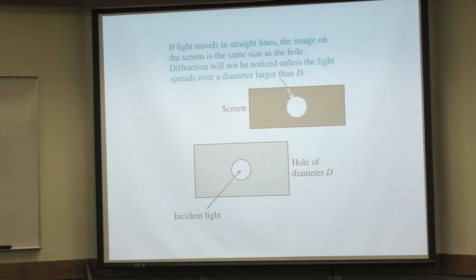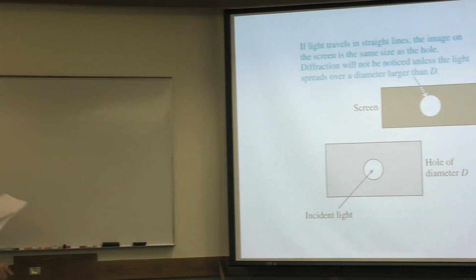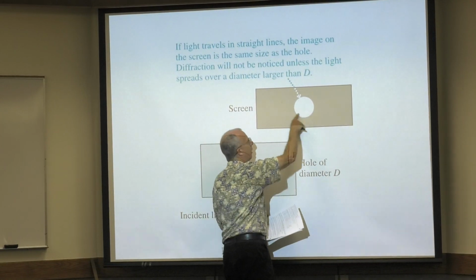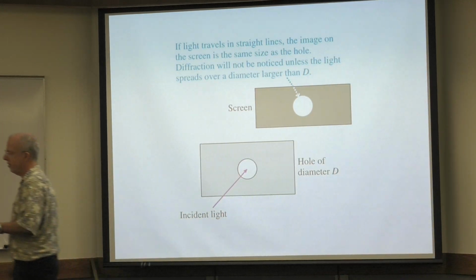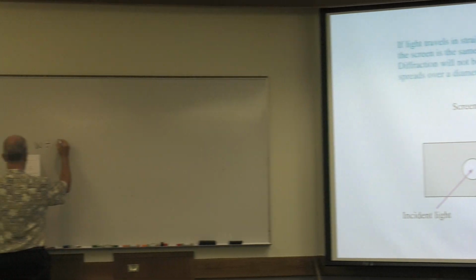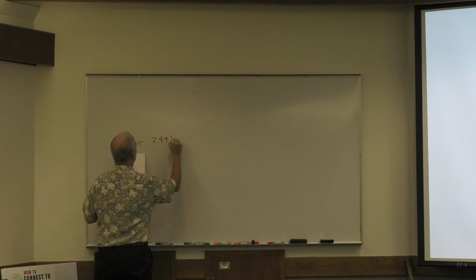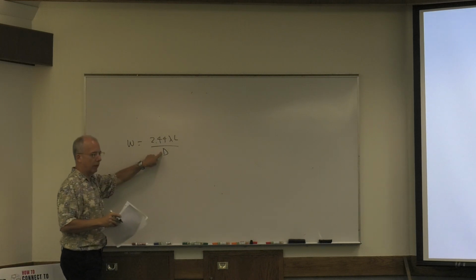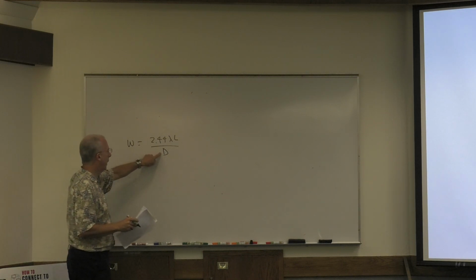Now, earlier, we learned that the width for a circular aperture is 2.44 lambda L over D, where D is the diameter of the circular aperture, okay?